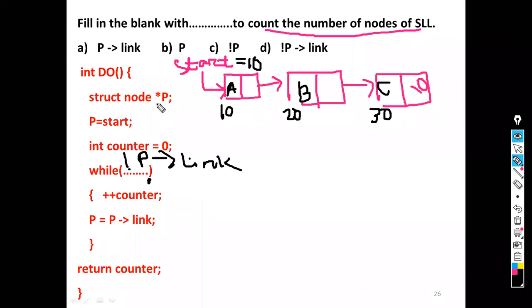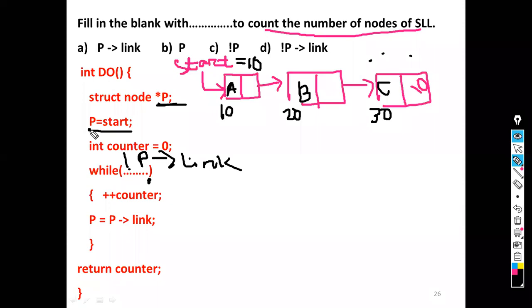Right. So initially P is a pointer of node type. That means I am taking a pointer which is pointing to a node having this structure, with 2 parts, information part and address part, right? So initially P equal to start.